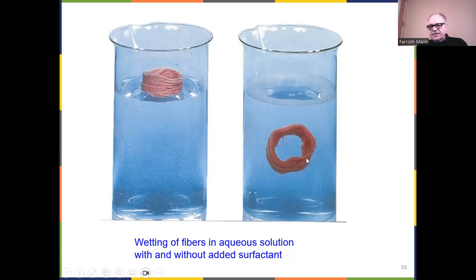If we add some surfactant, then adsorption of surfactant on the surface of these fibers improves wetting, and this cloth sinks inside. Same thing happens with polyester fibers. So the conclusion is that surfactants significantly improve wetting properties. This is very important because wetting is the first step in detergency and cleaning.